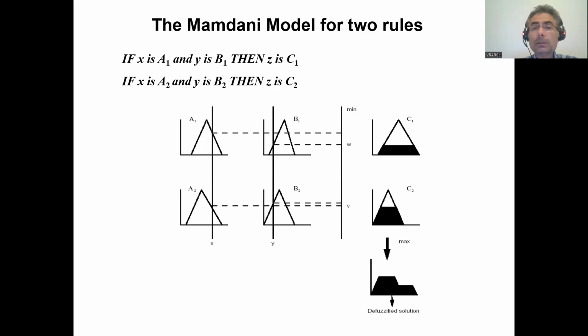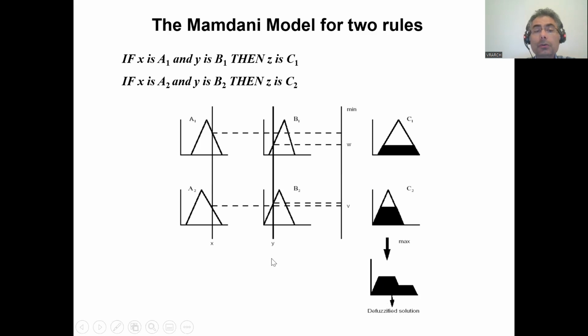So Mamdani is one of them, and this is very much used. Right at the beginning, minimum, and then you take the maximum, and you will get this membership function shape, and the specification is going to calculate the center of that shape.